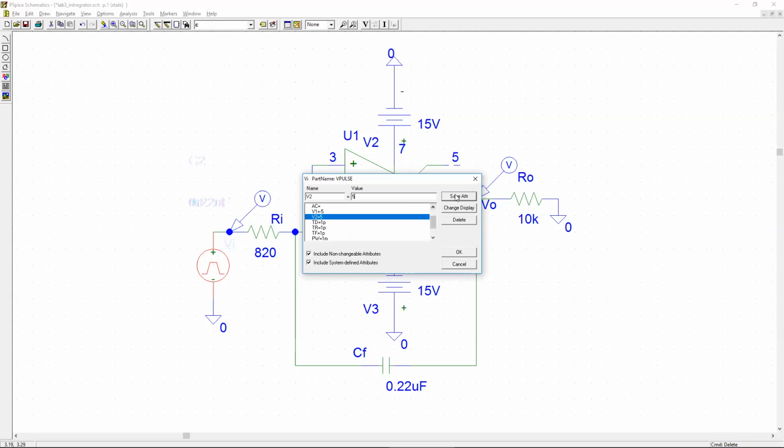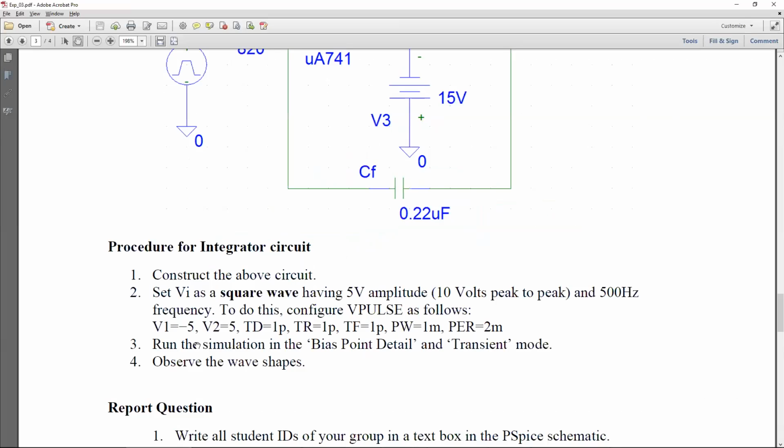When you take this part at first, obviously these values will not be there. So you need to put in values one by one, and save each, and at the end you need to press OK. And the parameters I already mentioned and discussed.